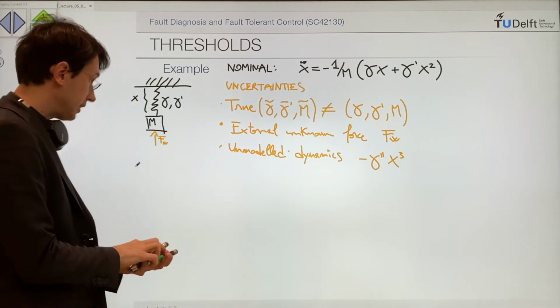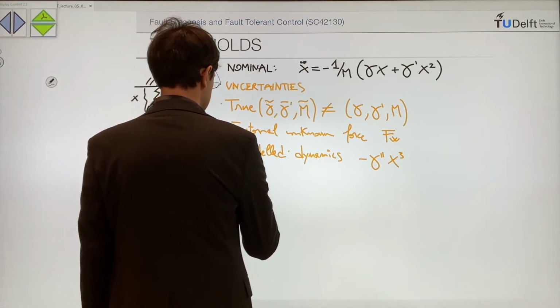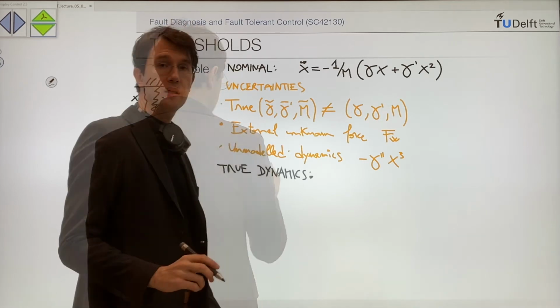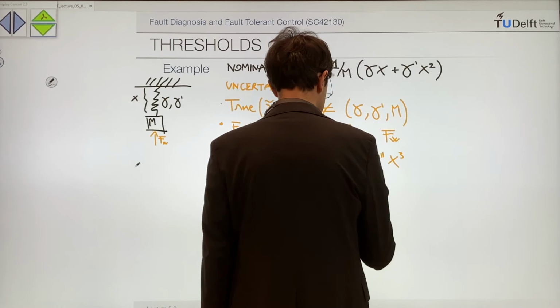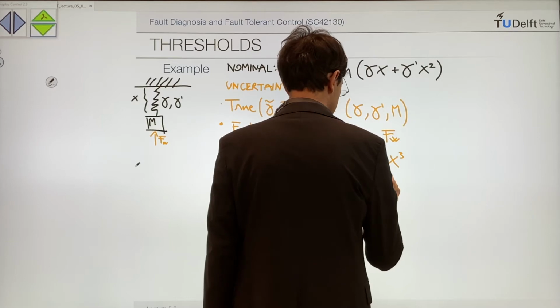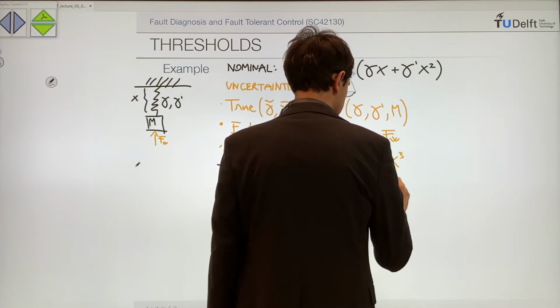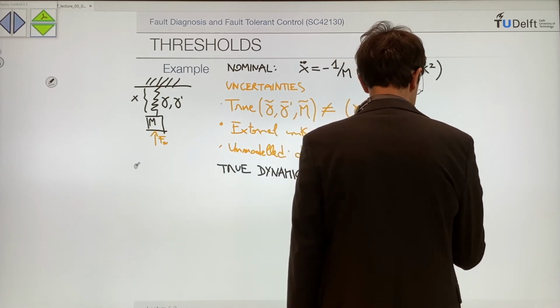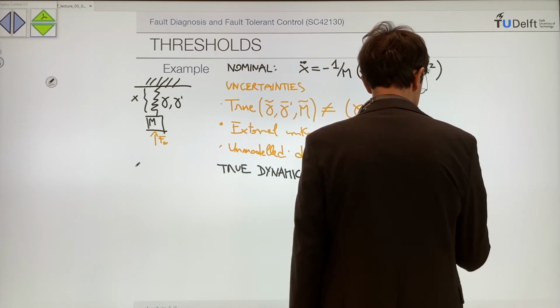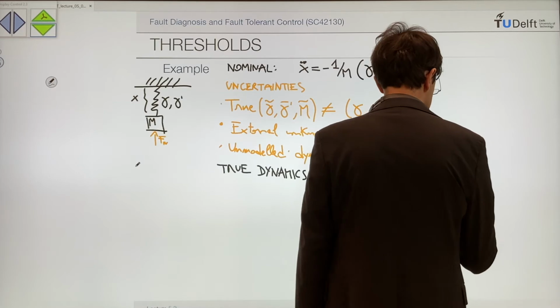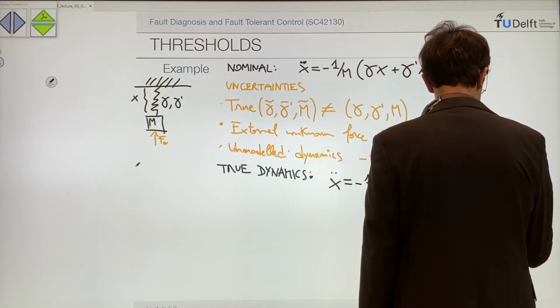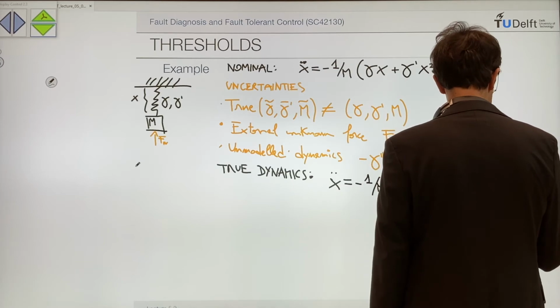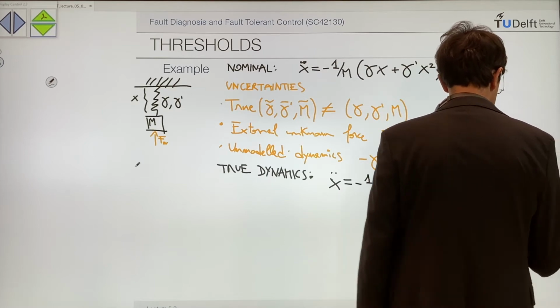So the true dynamics is a bit different than the nominal, because we have x double dot is equal now to minus 1 over m that multiplies gamma tilde x plus gamma tilde prime x squared plus gamma tilde second x power 3 minus this extra force.